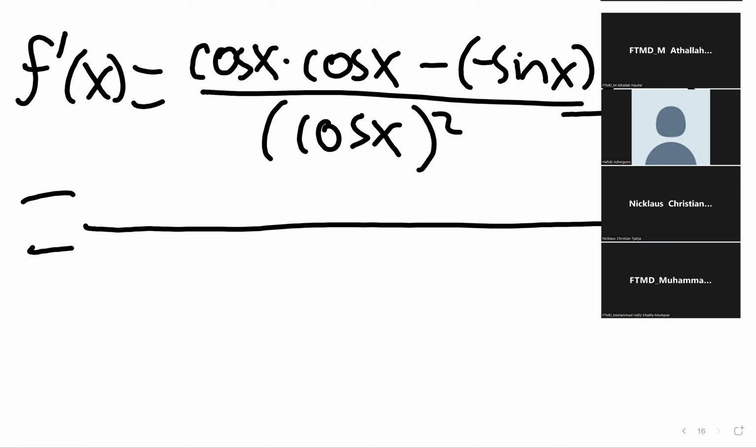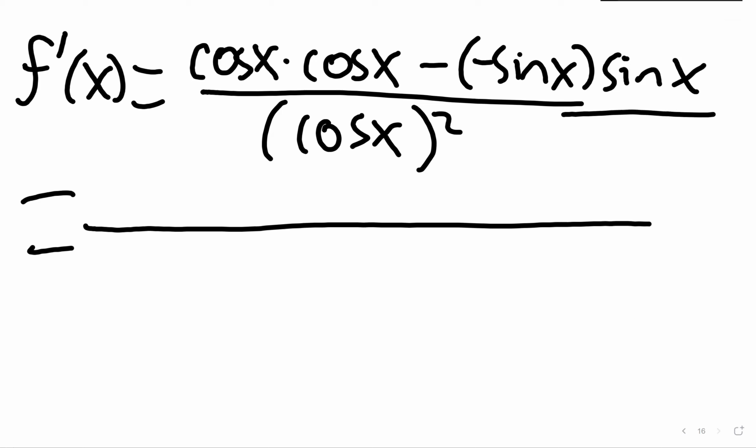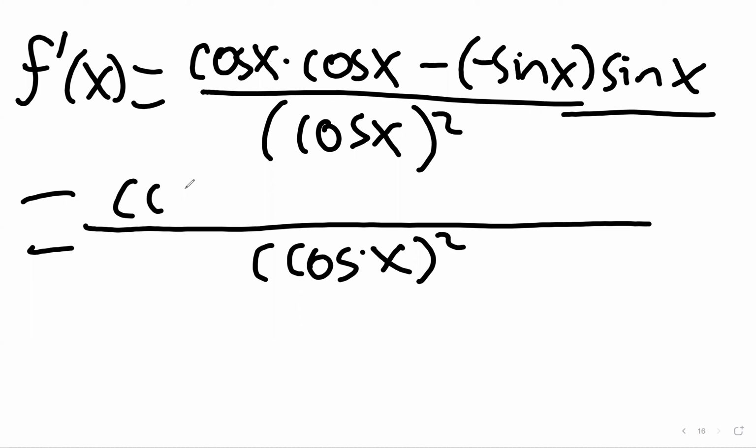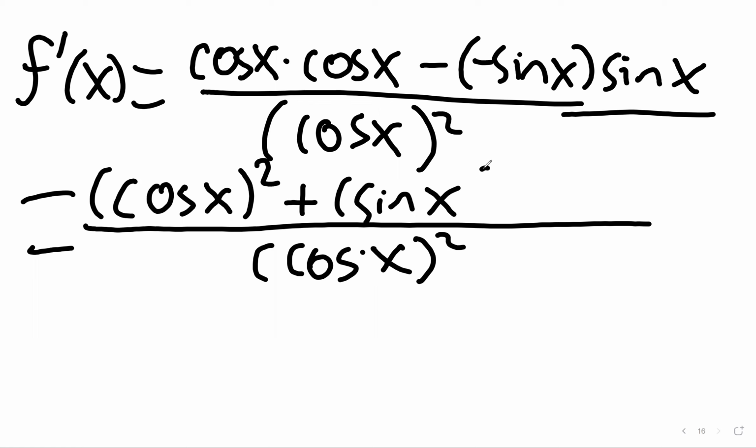Hafiz Adi Wiguno. Hafiz, yes, sir. Can you simplify the numerator there? The numerator will be cosine of x squared plus sine x squared, and then what is the result, Hafiz? 1.